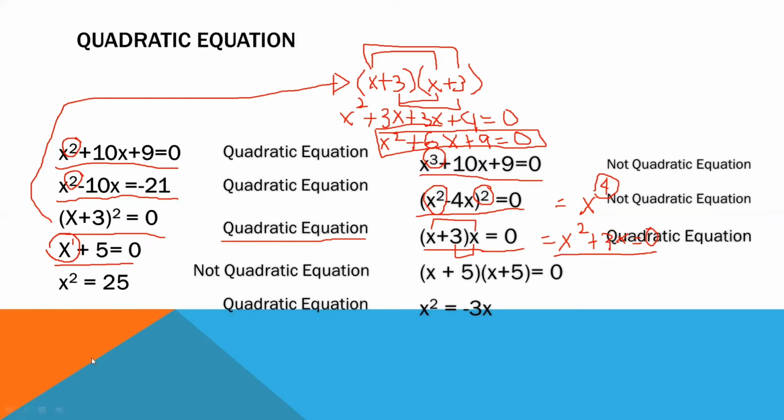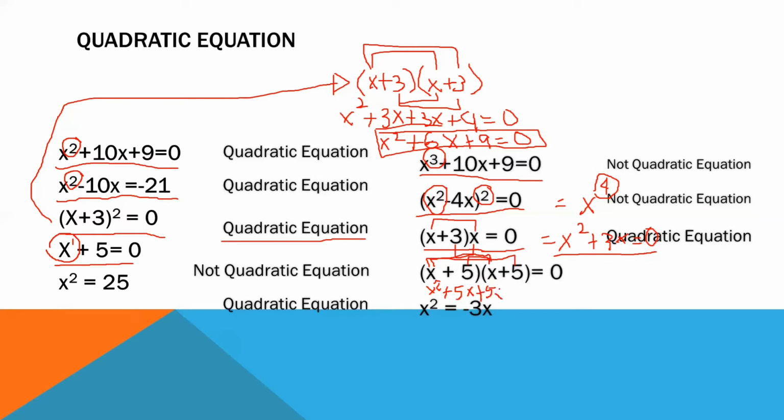So, next one is the quantity of x plus 5 times the quantity of x plus 5 is equal to 0. This is just like what we did here. We are going to do the FOIL method. x times x is equal to x squared. Then, x times 5 is equal to positive 5x. Then, 5 times x is equal to positive 5x.